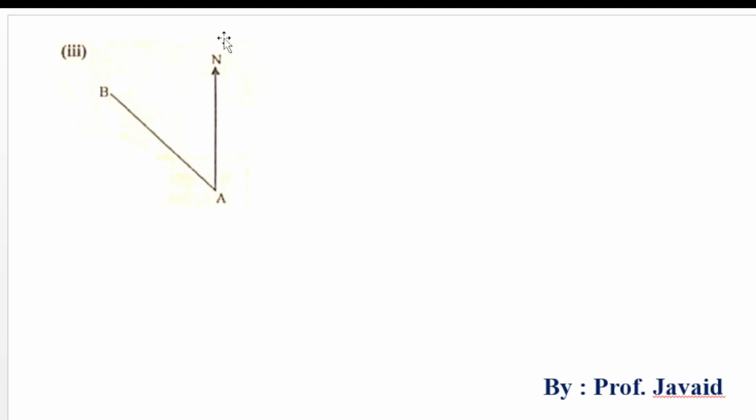So this is the third part of the question. Again we have to find the bearing of B from point A. We have to move clockwise, so we will move clockwise from here and then here. If you find this angle, in the complete circle the total angle is 360, and the remaining we will find with the help of the protractor, and then we will subtract.